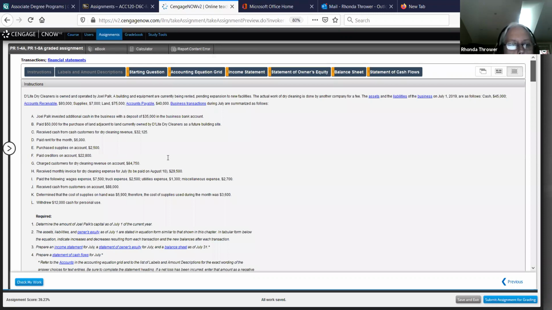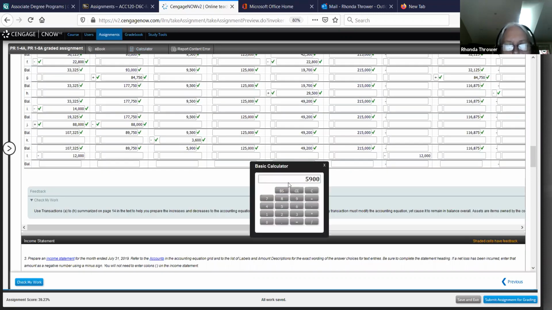So we're going to rebalance the accounts, starting with the cash. Rebalance, bring your balances down.